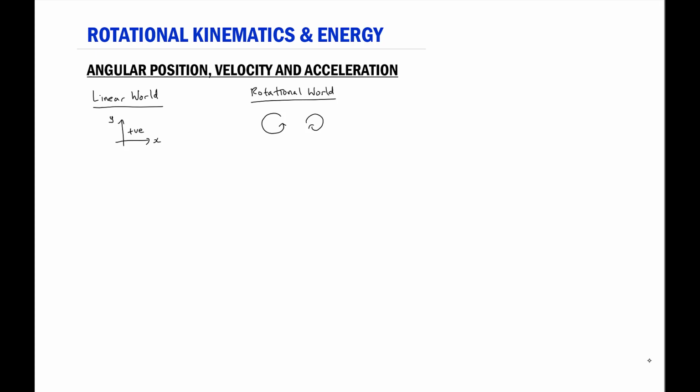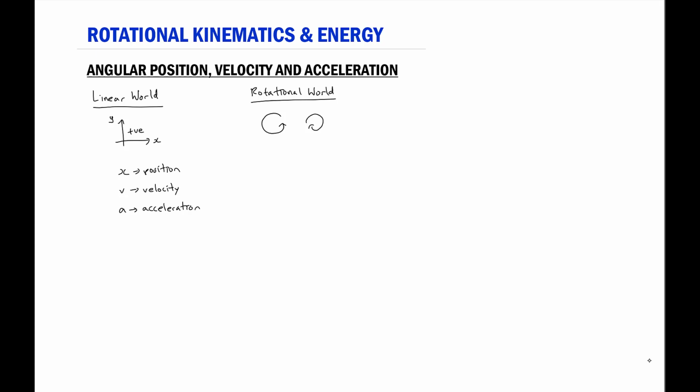As a general summary, we used to use x for position, we used v for velocity, and we used a for acceleration. In the rotational world, we want to define 3 new terms for these quantities.